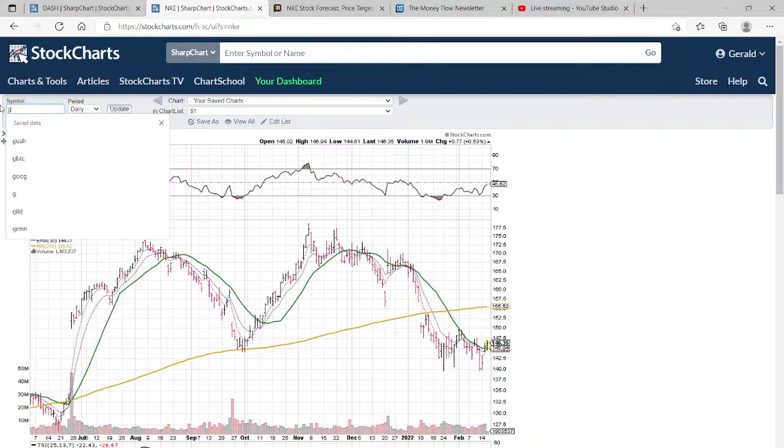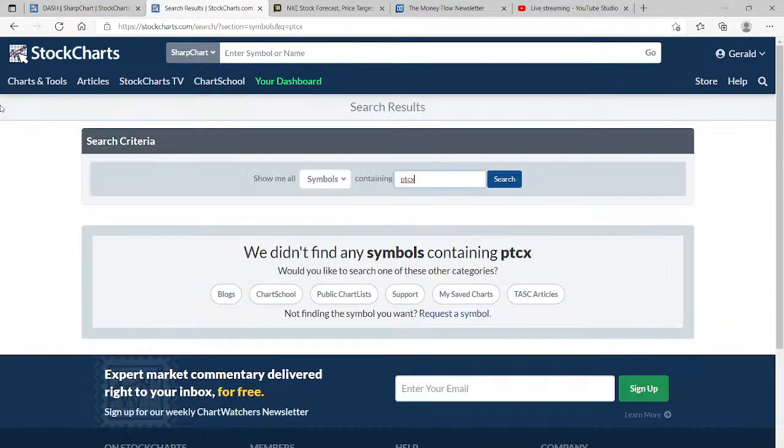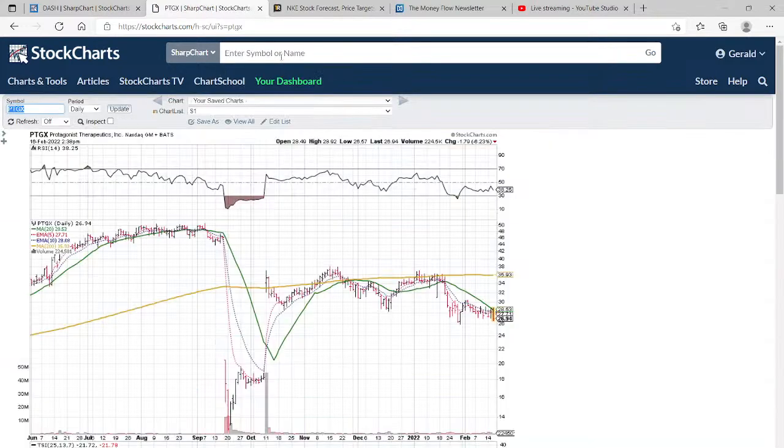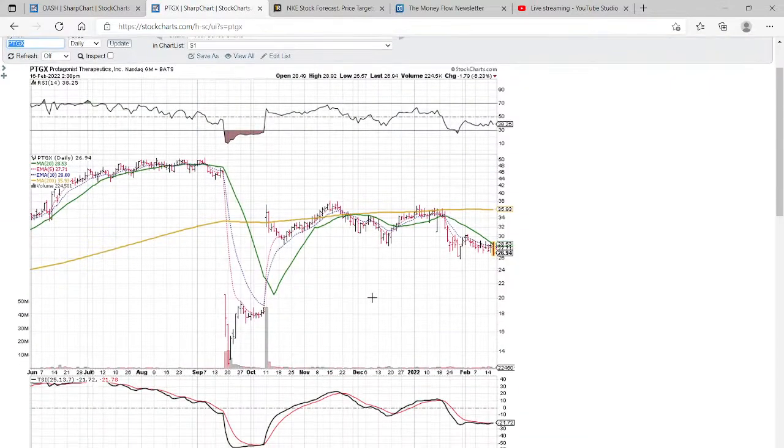PTGX. This is a biotech. Sorry, I'm getting old, man. That doesn't look good, bro. It's holding that line, though. It's definitely holding that line.